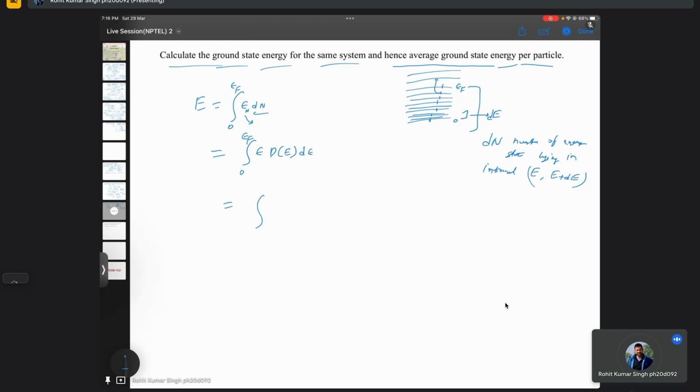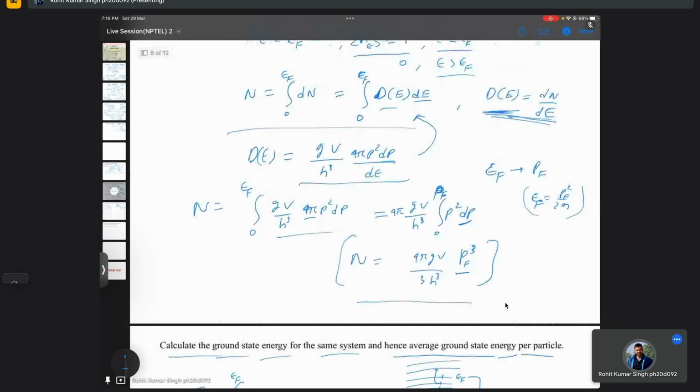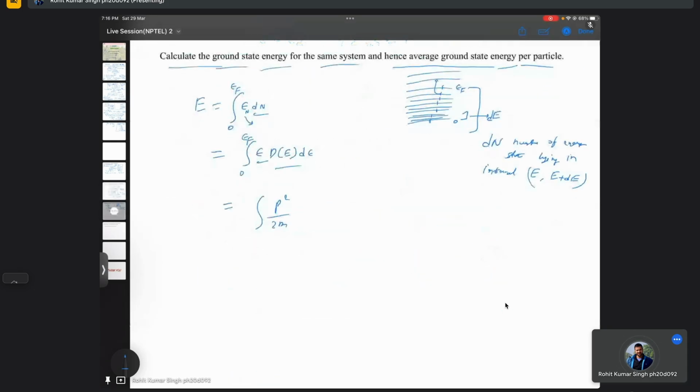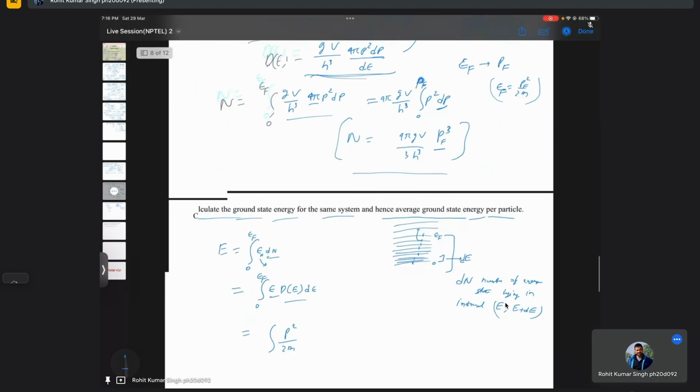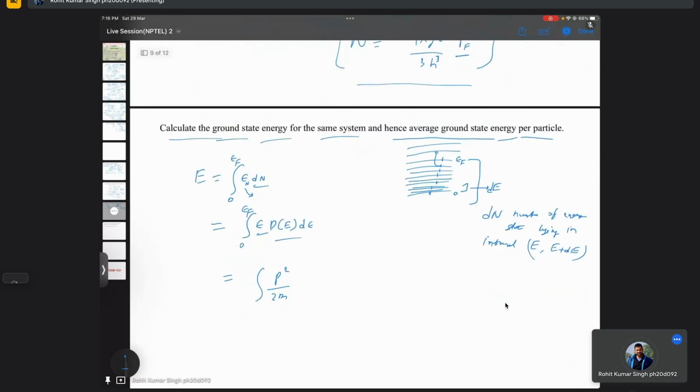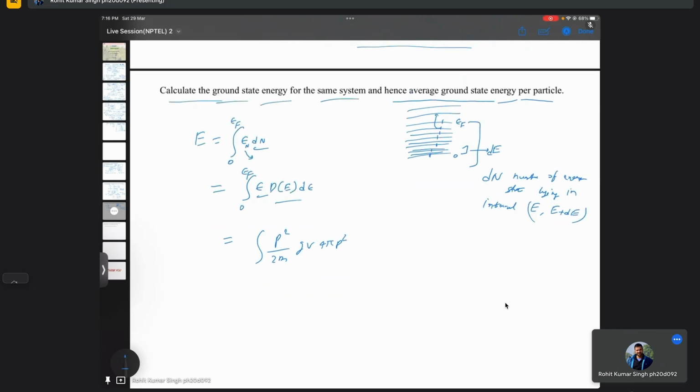And we know that E is given by p square by 2m, and for the density of state we just use this formula, so we get g_v 4 pi p square dp over h cube.